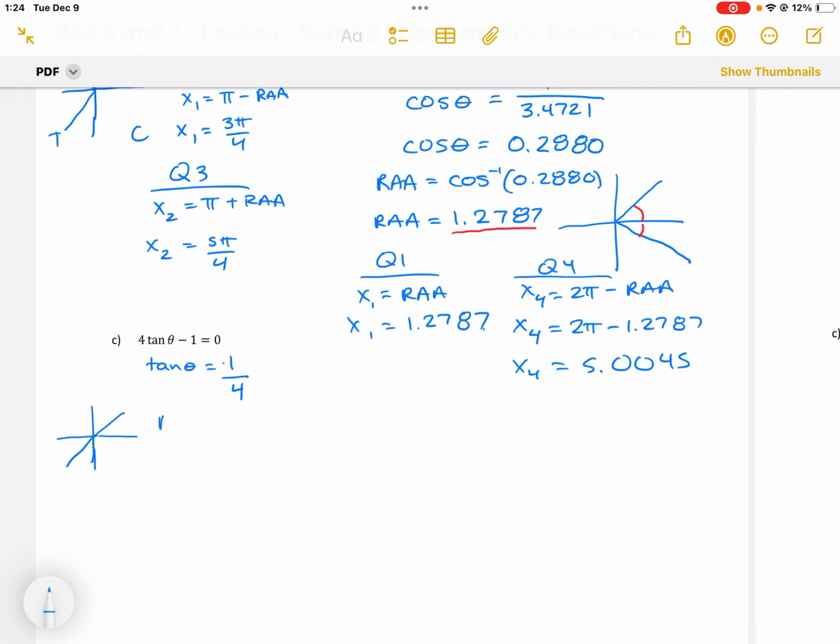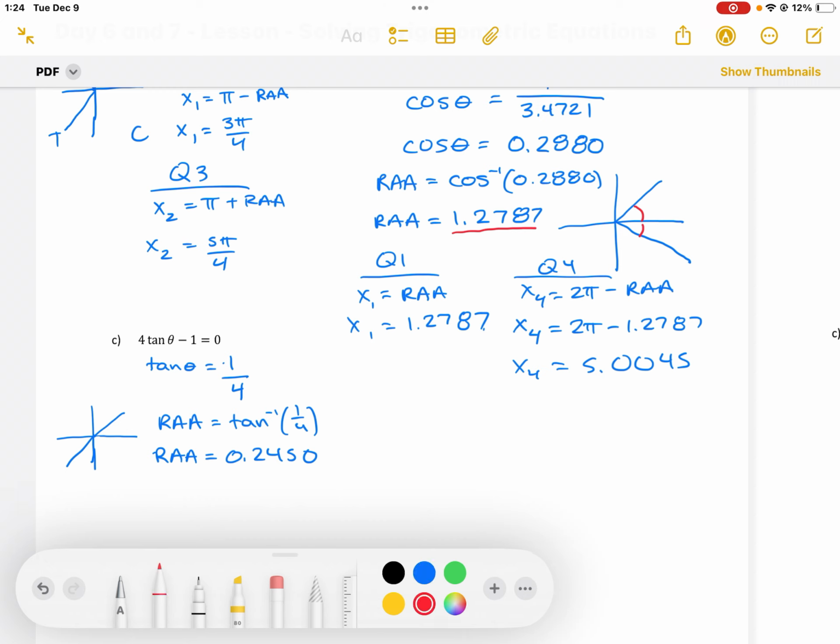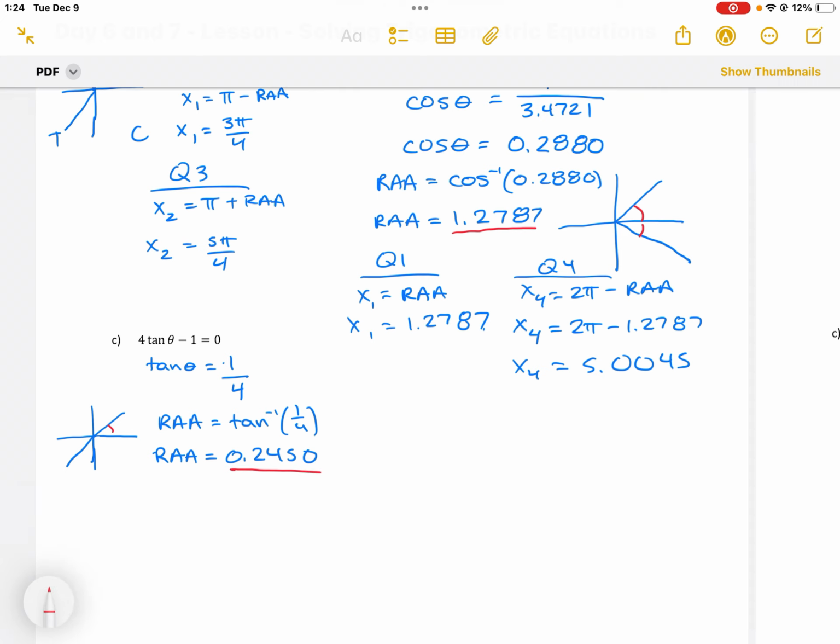So my next step is to now find my related acute angle. So I'm going to take the tan inverse of 1 over 4. That gives me a related acute angle of 0.2450, which represents this distance right here and this distance right here. When I find my solution in quadrant 1, my x is just equal to the related acute angle.